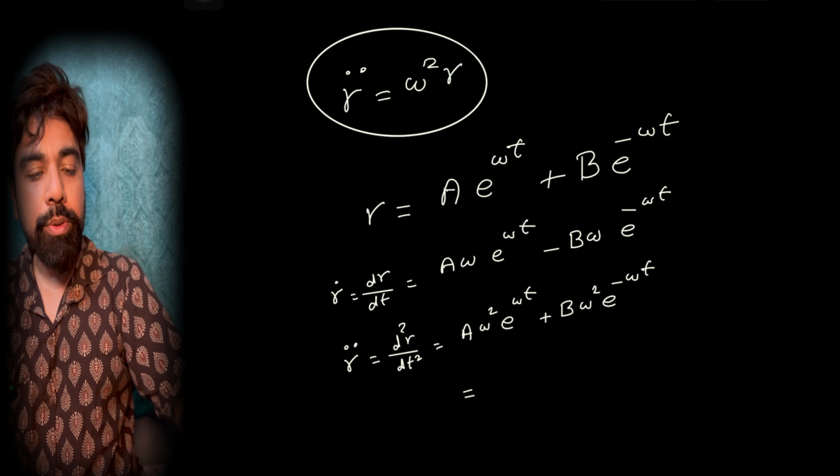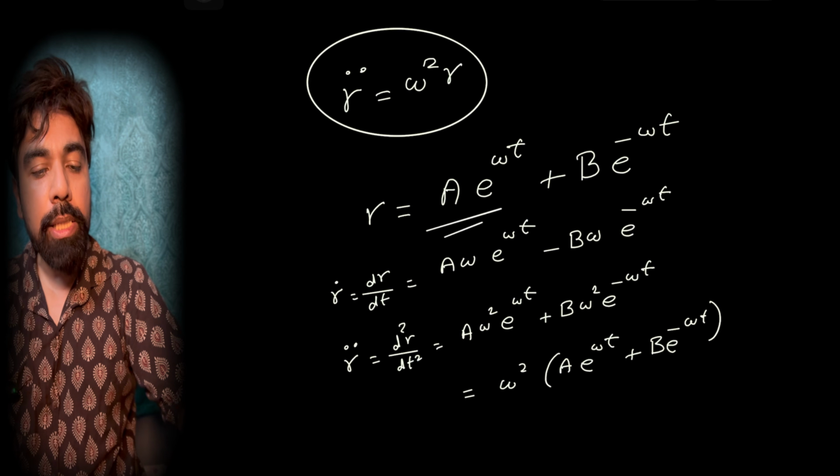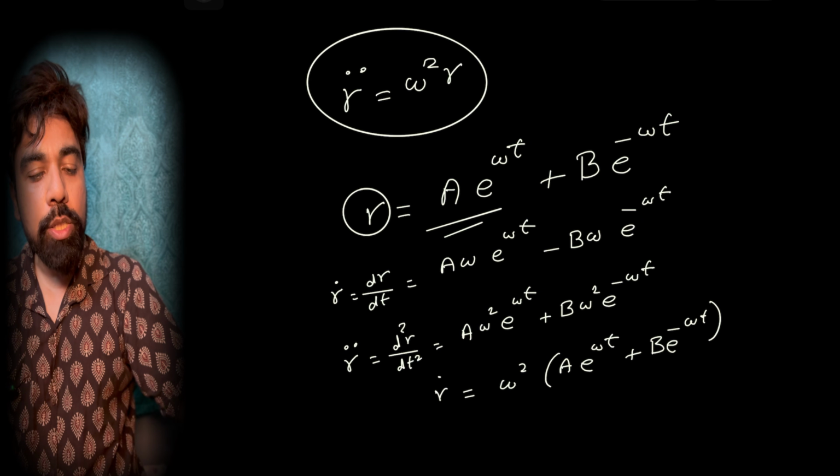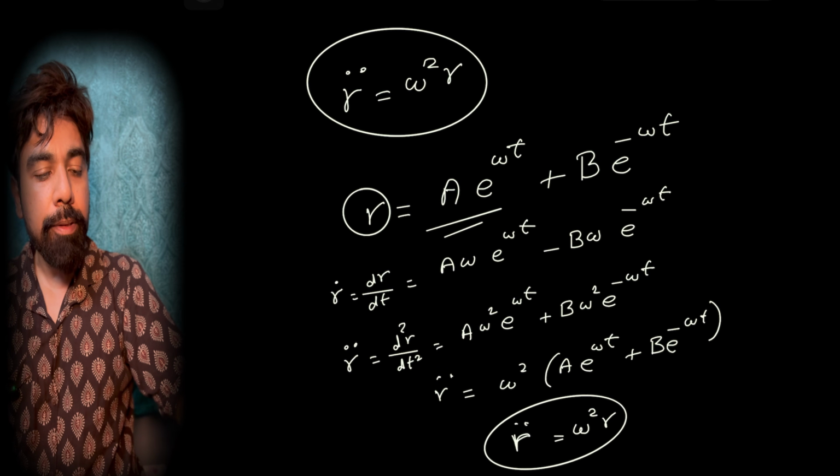Take omega square out, you are left with a e to the power omega t plus b e to the power minus omega t. But this bracket term is our assumption of r, right? So what we got: r double dot is equal to omega square r.